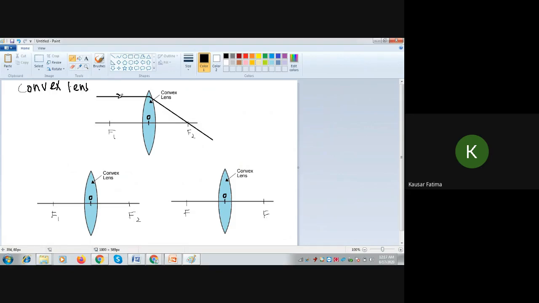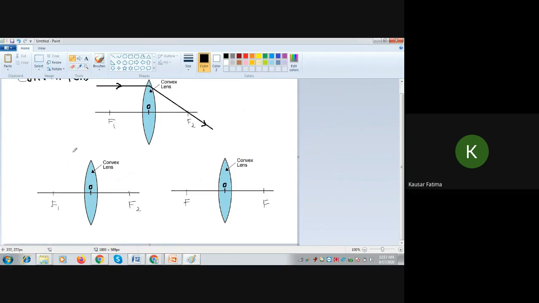An arrow has to be drawn to show the path taken by the ray of light. Second ray, this was the first ray. Any ray can be called first. Second ray, which strikes the optical center, goes undeviated. What does that mean? The ray may be going this way.